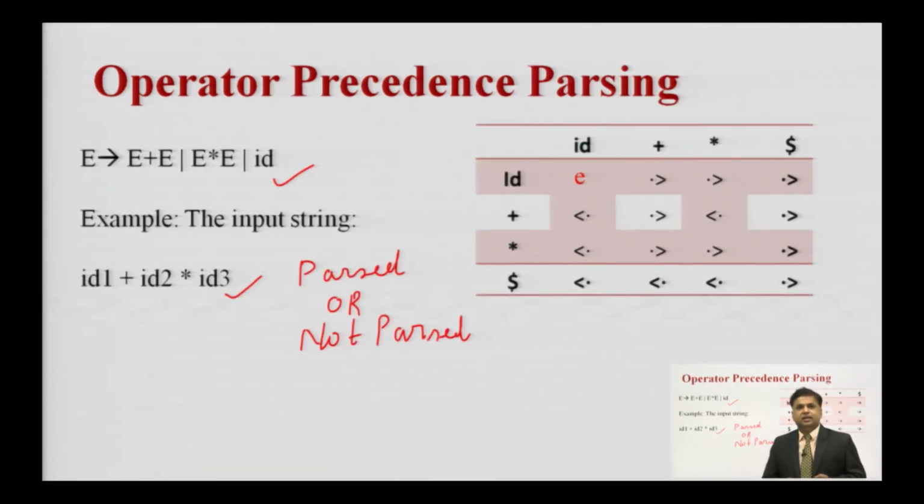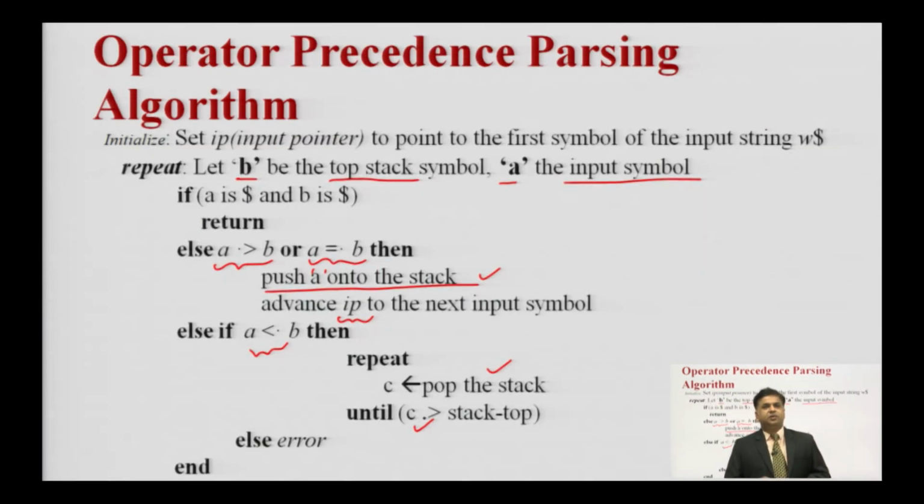Next, we try to find out whether the string can be parsed with the operator precedence table or not. For that, we decided that there are three relations: less precedence, higher precedence and equal precedence, and the algorithm said अगर higher precedence और equal precedence है तो current input symbol को top of the stack पर insert करते हैं, otherwise pop करते हैं.